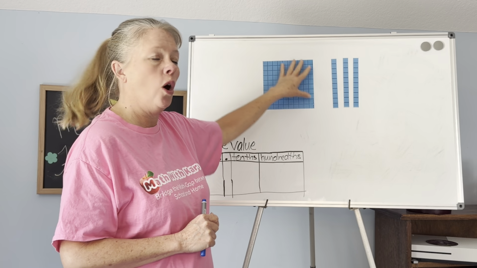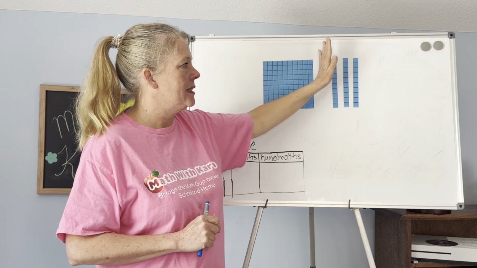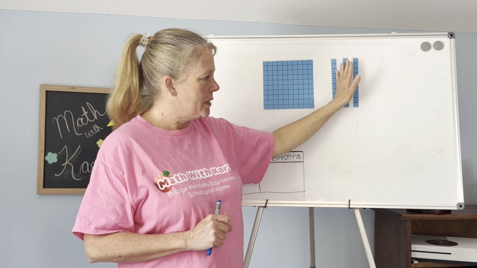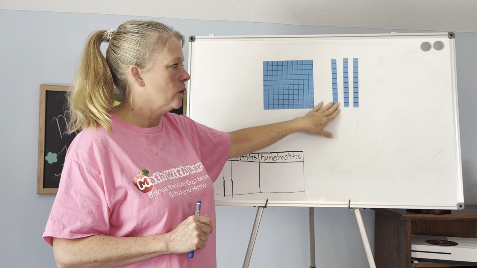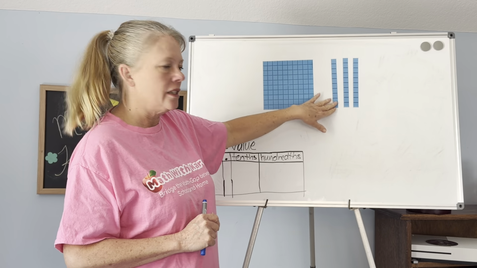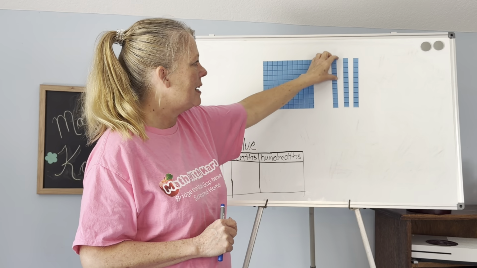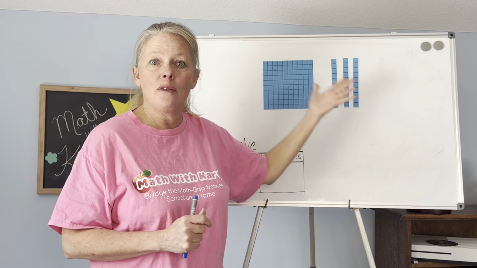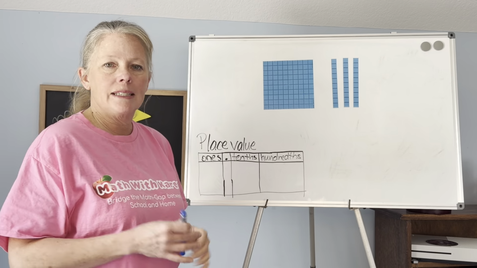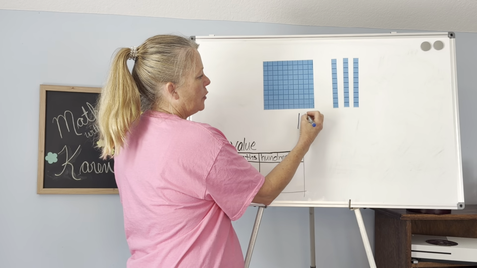So this is a whole, and then when we cut it into pieces, we are going to represent them as the rods and the squares. So these rods are actually a tenth of the whole because there are 10 rods inside of the whole. So if I was going to write this as a fraction, I would say this is 1 3/10.